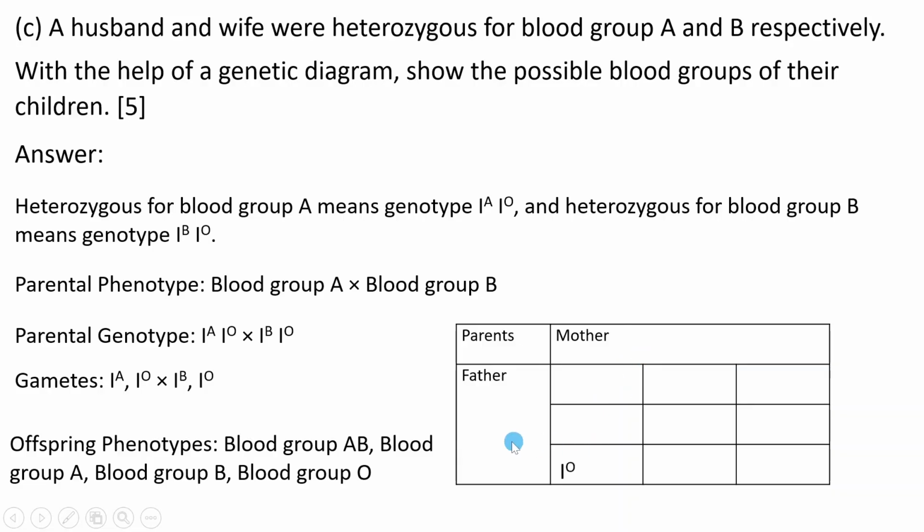So in this table, the father, we are putting A, O, then the mother, B, O. So they'll share. So here, it gave us O, B, it's fine. Then this one gave us A, B. Okay, this one, A, O, this one, O, O. So this is the one.